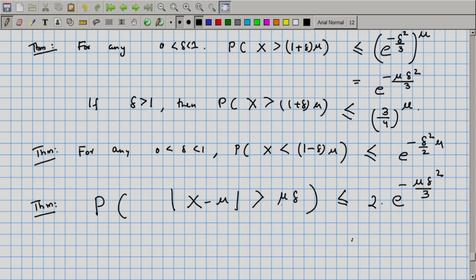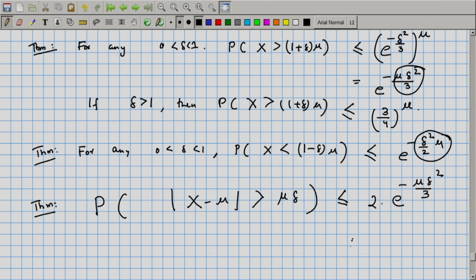Okay. So, this probability is going to be the sum of these two probabilities, and mu delta square by 3 is going to be a smaller quantity than this. So, we can say that this probability is less than twice e raised to minus mu delta square by 3.